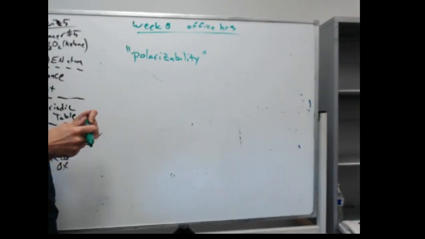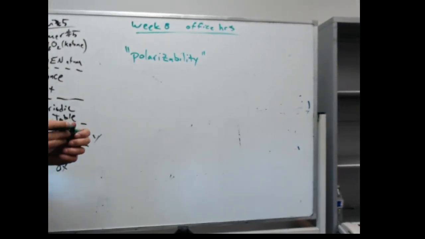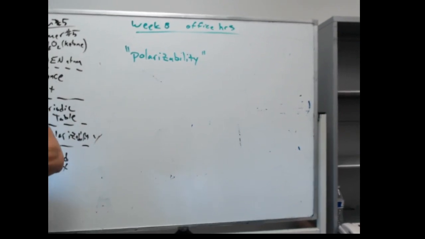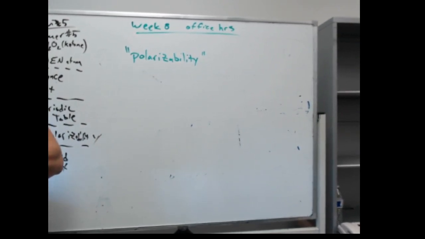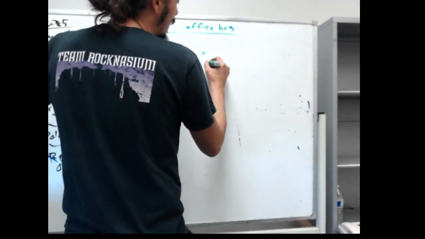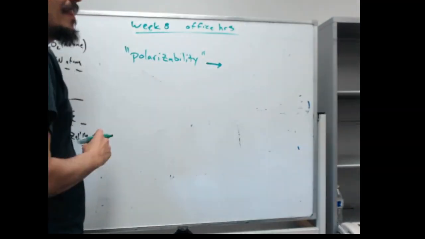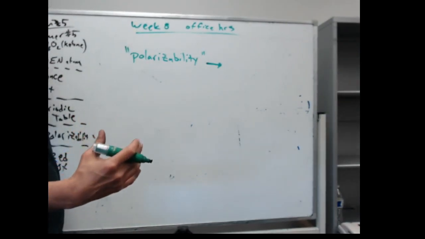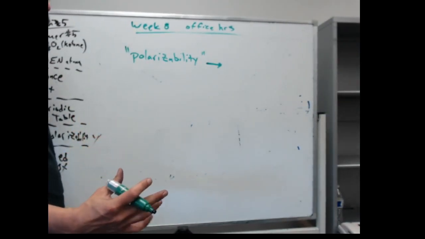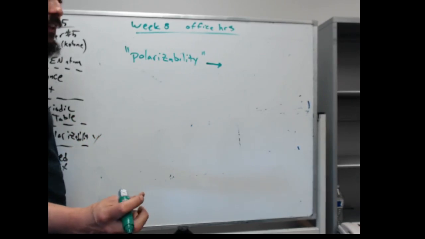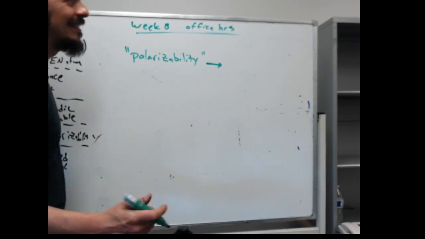So polarizability is how well the electrons in a molecule get pushed around to disperse the electrons in a dispersion force. There's many different factors that go into polarizability. The main one we've been worried about starts with an S, ends with an E: surface area.